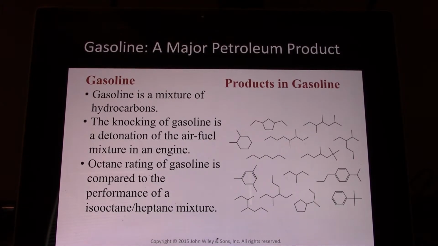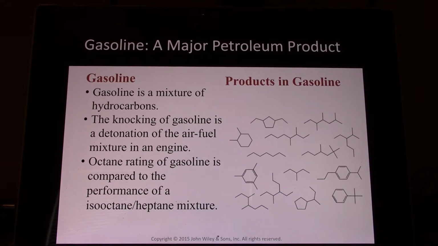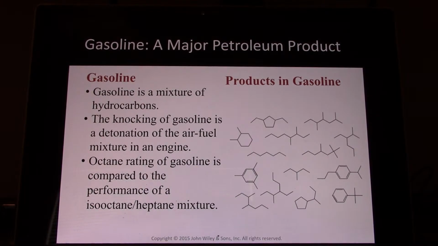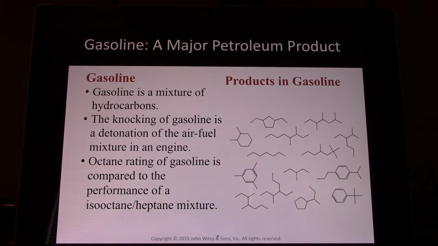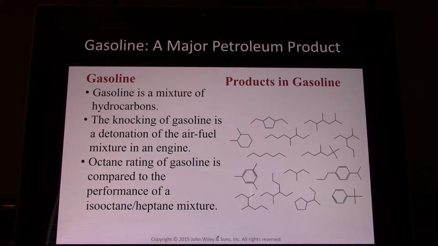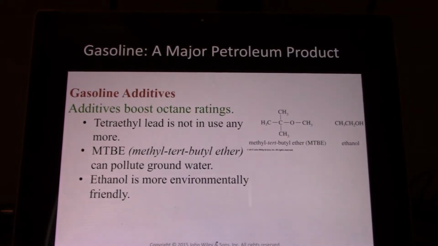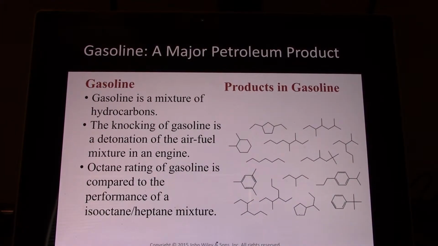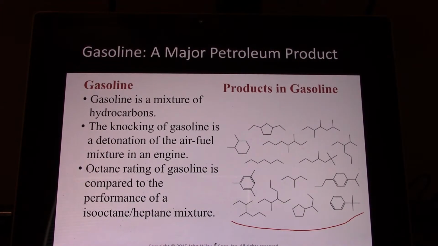And so you don't actually just have isooctane and heptane in the gas, but the detonation and the performance of the gasoline is compared to specific isooctane-heptane mixtures for calibration. So over here we see all kinds of hydrocarbons that we find in gasoline.